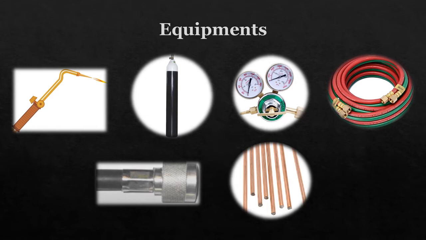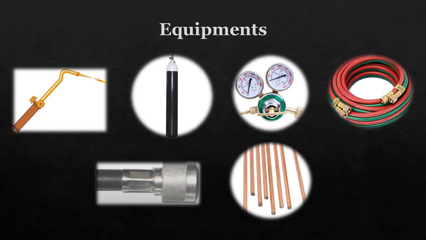Then the next is the pressure regulator. Both oxygen and fuel gases are filled in cylinders at high pressure. These gases cannot be used at this high pressure. So, a pressure regulator is used between the flow. Then, the next, gas hoses. The hoses used to make the connection between the torch and the regulator must be strong, non-porous, light, and flexible enough to make torch movement easy.